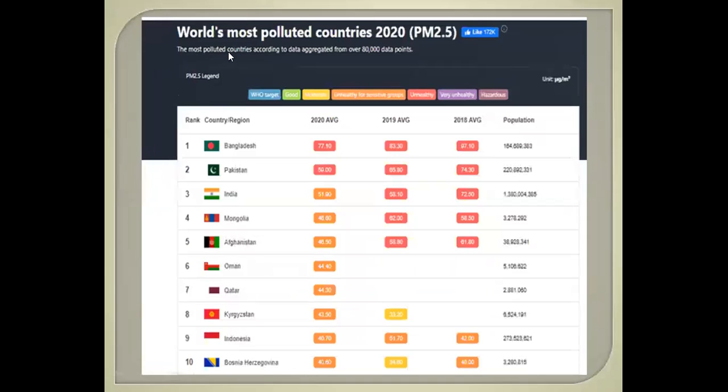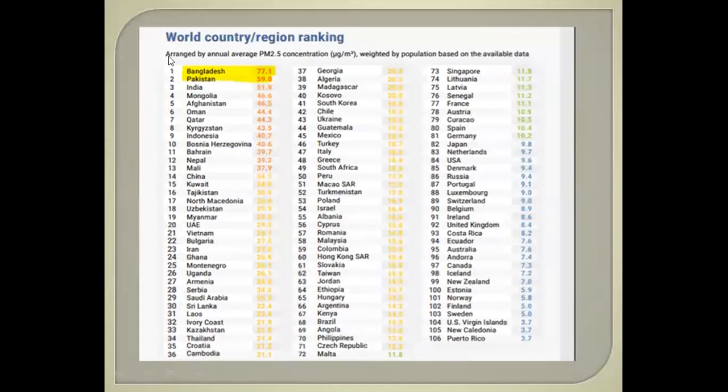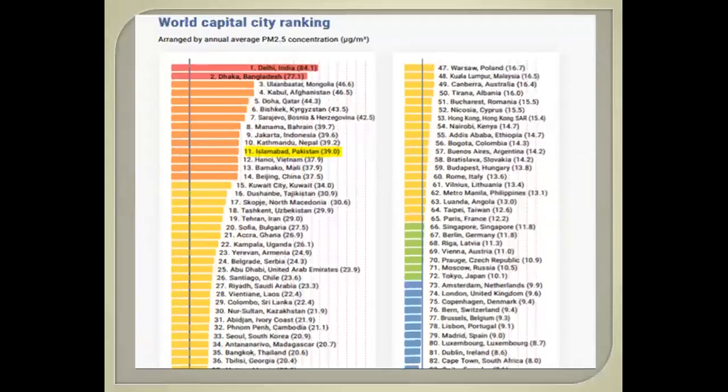As you can see in the World's Most Polluted Cities 2020 according to PM 2.5, first at the unhealthy level comes Bangladesh, and then second is Pakistan. As already shown in the world ranking, Bangladesh's average value of PM 2.5 in 2020 is 77.1, and in Pakistan 59, and Pakistan is the second most polluted country.